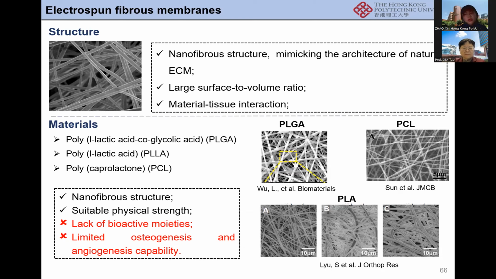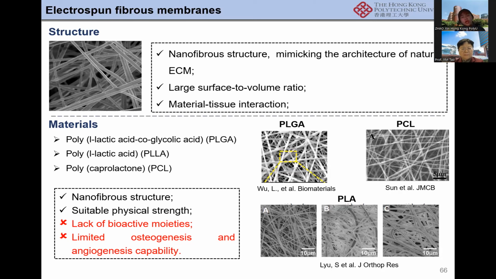And one thing I didn't mention, because I only recently started working on this, is that we can control gradient scaffolds. Somewhere in the scaffold we can make them stiffer by controlling the cross-linking density, and somewhere we can make them softer.